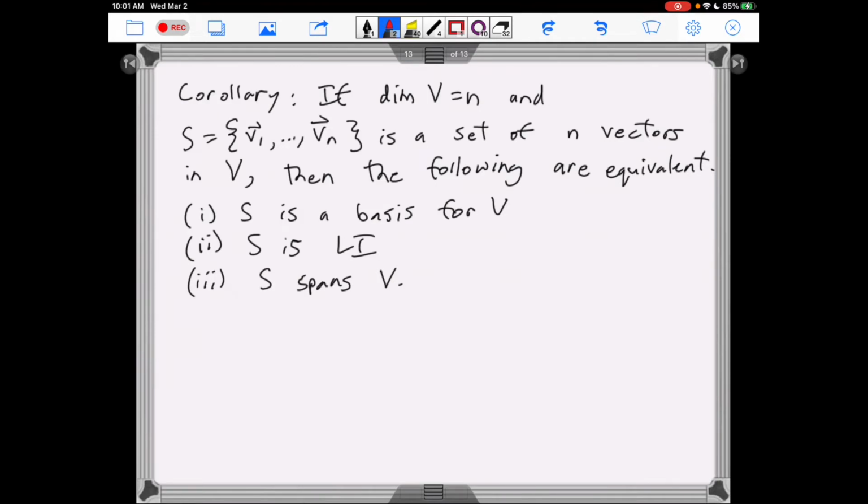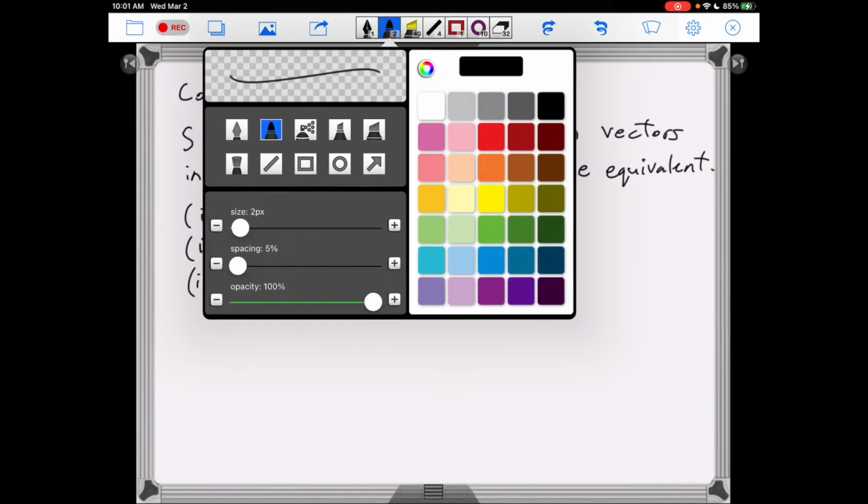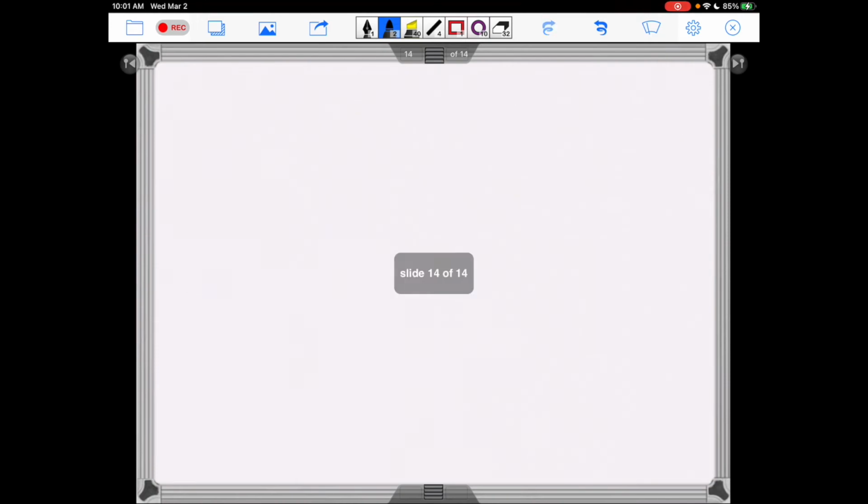So think of a basis as being the smallest set that spans, but also the largest set that can be linearly independent. Okay, so let's write down some final results here to kind of summarize everything.